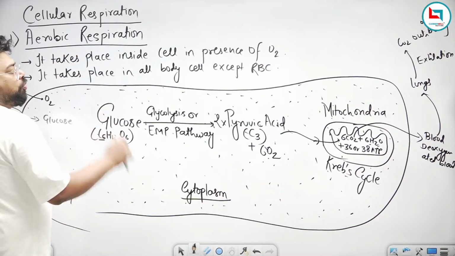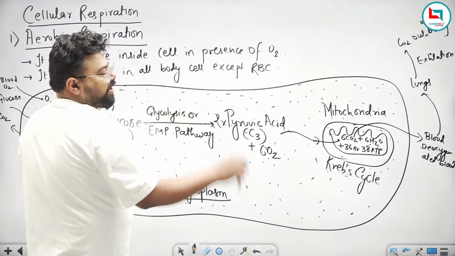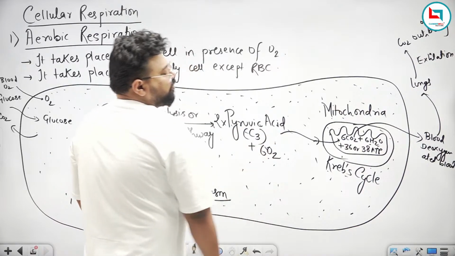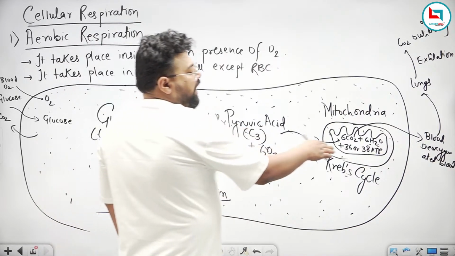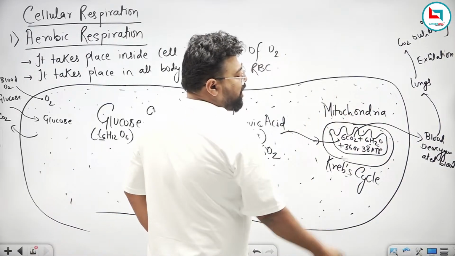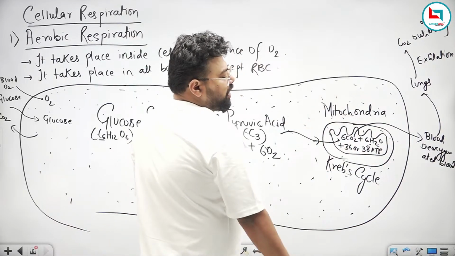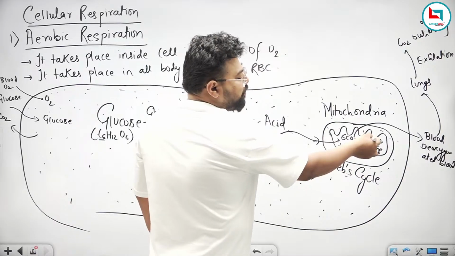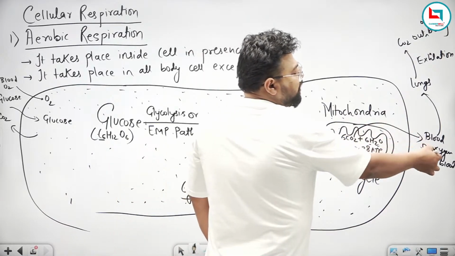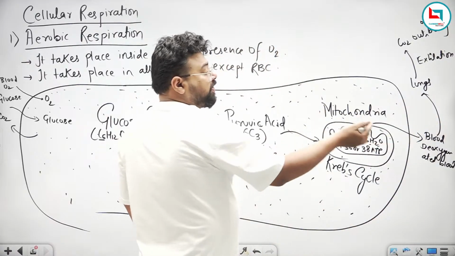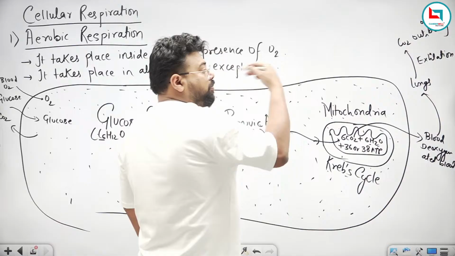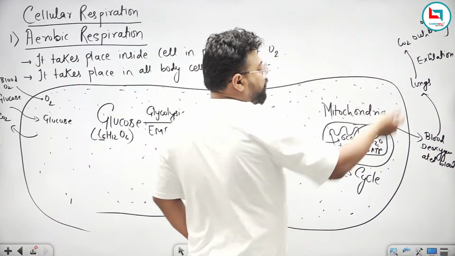So one glucose molecule will yield 2 pyruvic acid molecules. Now these 2 pyruvic acid will combine with 6 oxygen molecules, and they will enter into another cellular organelle known as mitochondria, and inside mitochondria they'll form carbon dioxide, water, and 36 or 38 ATP. This carbon dioxide will go out of the cell into the blood. From blood it will go towards the lungs, and from lungs it will be exhaled out of the body.